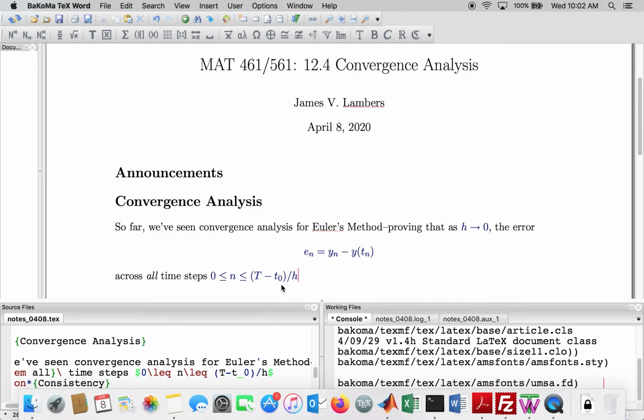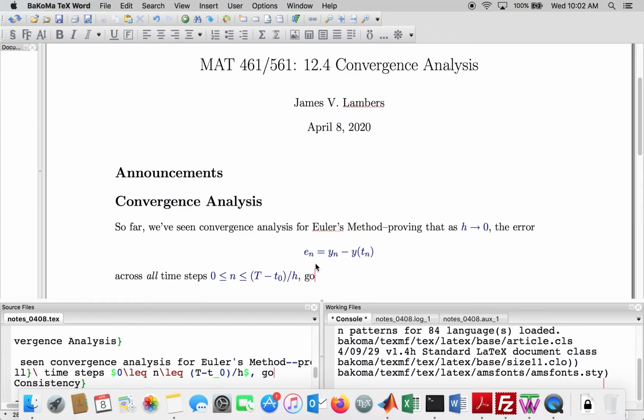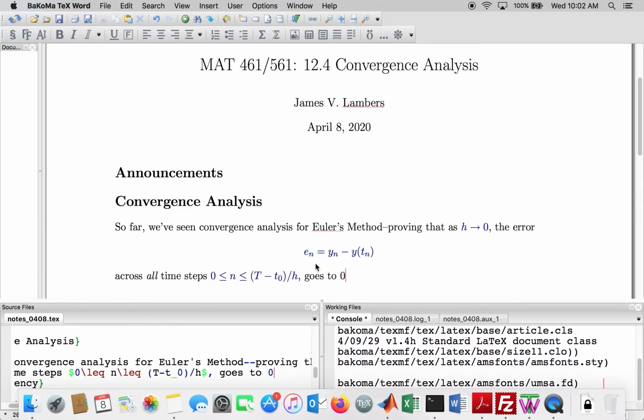Remember, t_0 is the initial time, capital T is the final time. So this quantity is the maximum number of possible time steps, assuming we keep the time step fixed at h. So the error across all time steps, as h goes to 0, goes to 0.